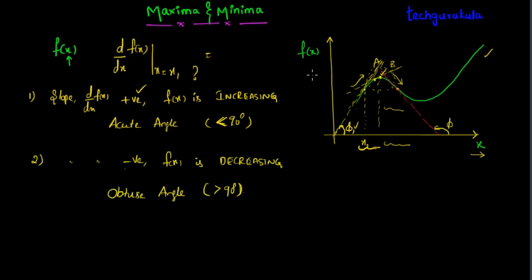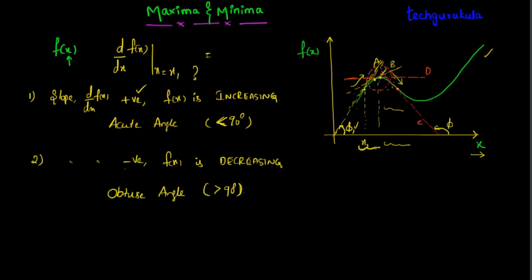At that point, if you take a tangential line, you'll have a line, say D, and the previous one say C. The D line is parallel to the x-axis, and when a line is parallel to the x-axis, the slope of that line is 0, which means the differentiation of that function at that particular point is 0.